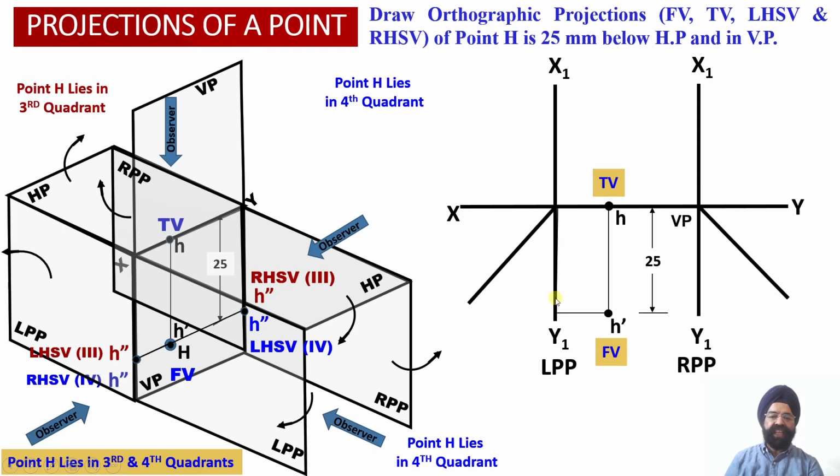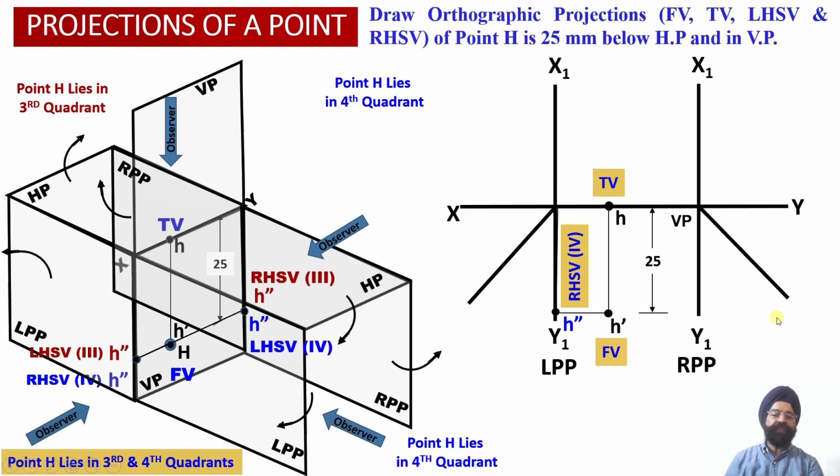So the intersection of these two projector lines provides us with the location of point H double dash, which is indicated by blue color, into the left profile plane, the right hand side view projection over here, assuming that this point H lies into quadrant number 4.